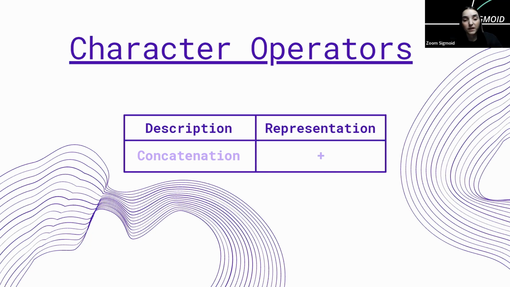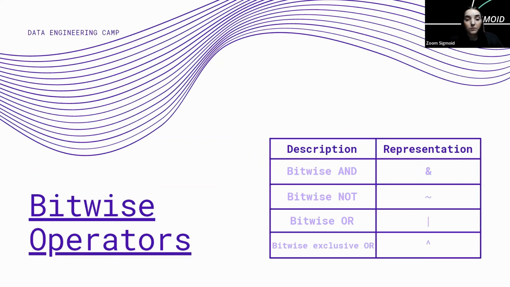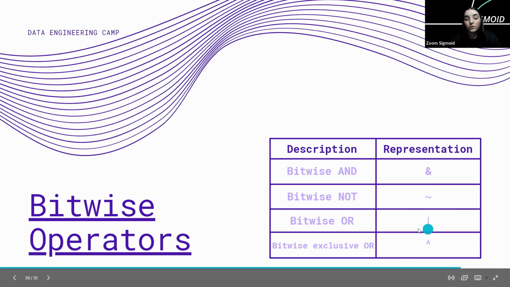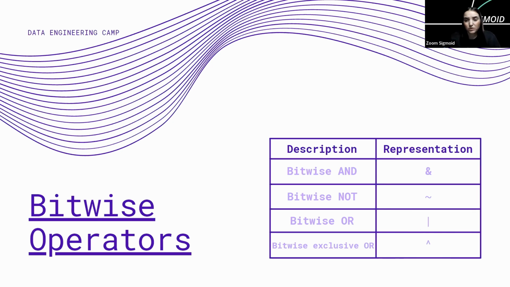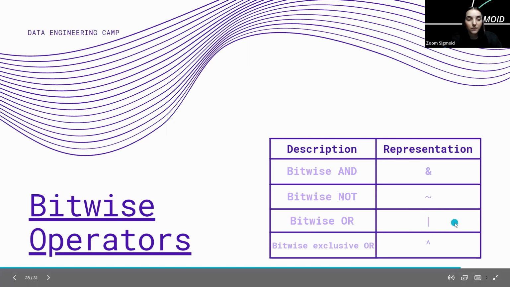Here I don't have much to say. It's an operation for strings. Bitwise, yes, I think you're familiar. We have here AND, NOT, OR, and the bitwise exclusive OR. We won't use them so much. I don't know if they are so used, but they exist, and I think you have to know about them.